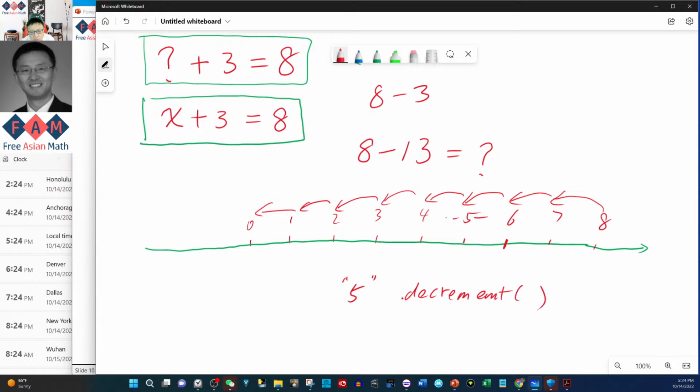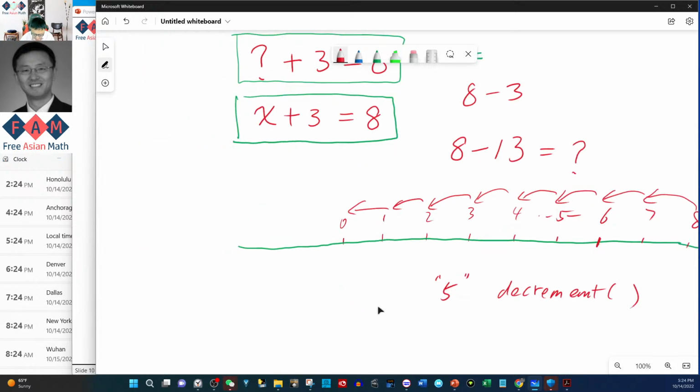starting at 0. We want to go deep into the left of 0 on the number line. We want to do 5 more times, right? And what are those? Of course, it's quite easy to see. In this case, every time we decrement 1, that decrement should have exactly the same meaning even when we are operating in the negative, or left-hand side of 0, territory on the number line.